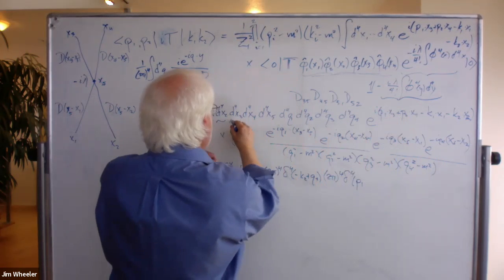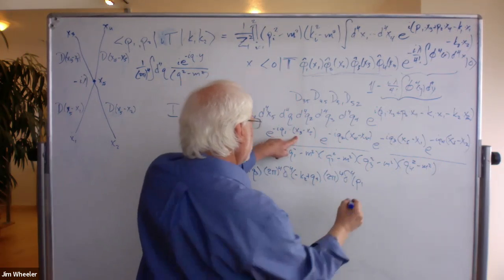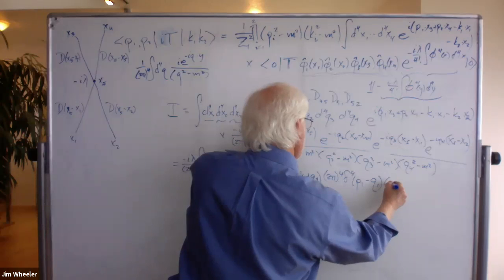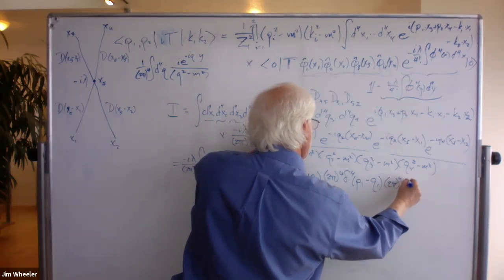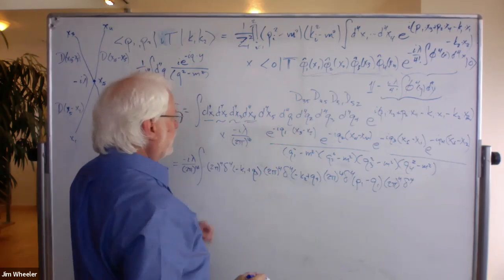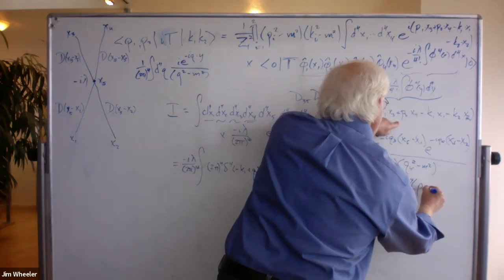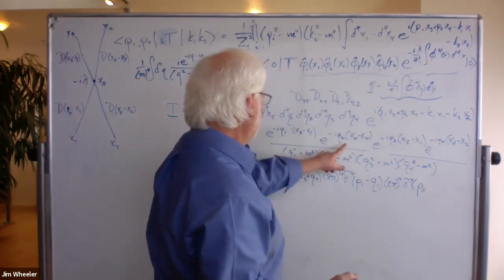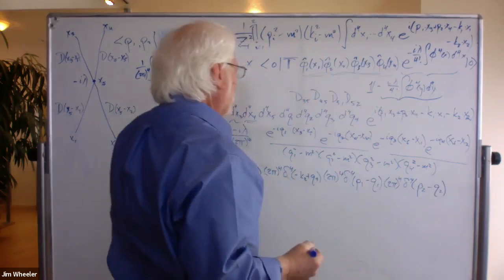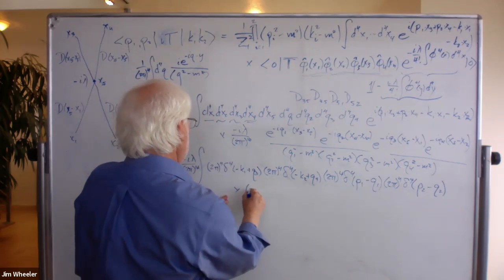I'm doing x3, and the x3 is here. We get a minus q1. And now x4. p2 and minus q2. Okay, times 2 pi to the 4th.